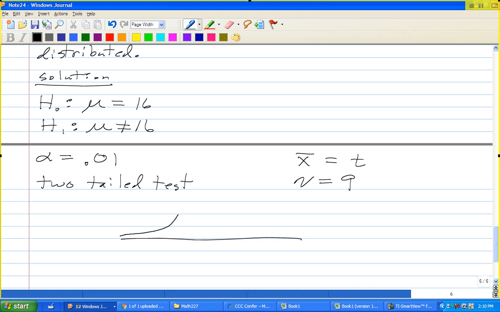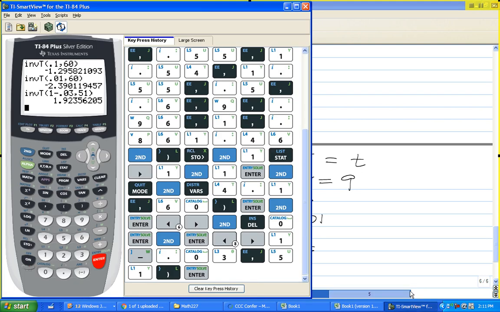Okay, so this will be a t. It is two-tailed. The total area is 0.01 for the combined total. Again, you can look this up in your table, or you can do inverse t.